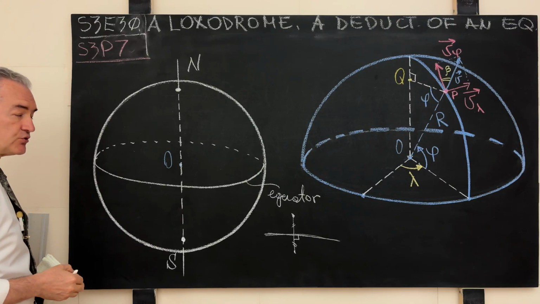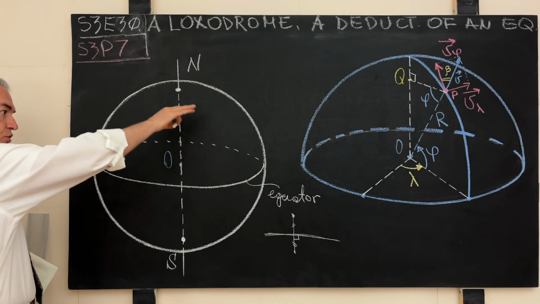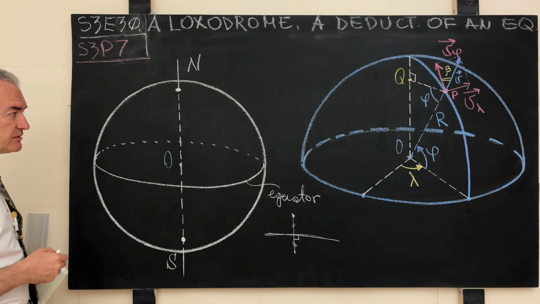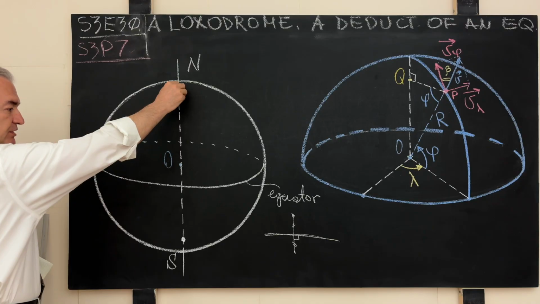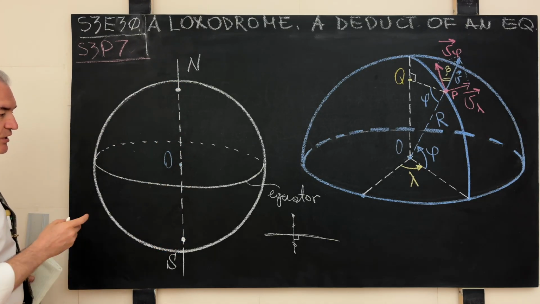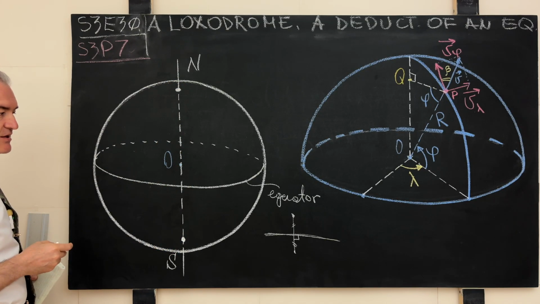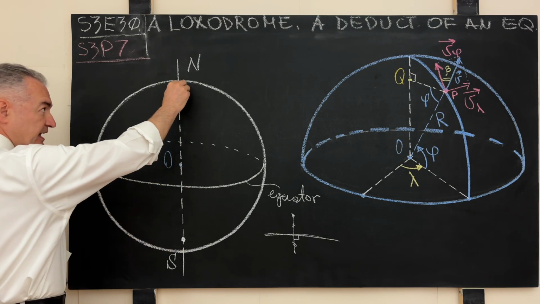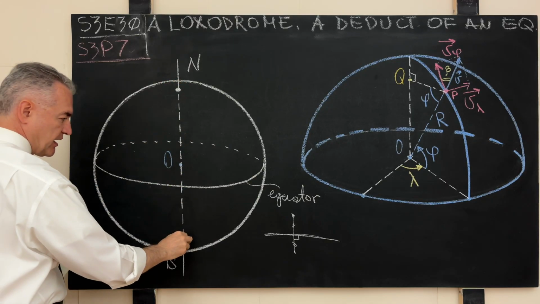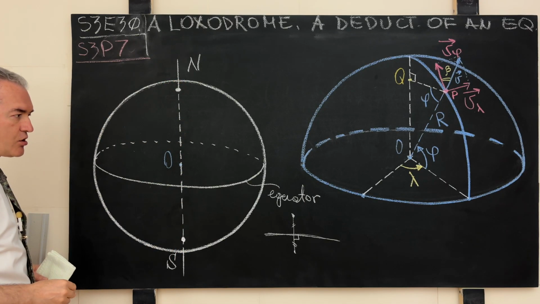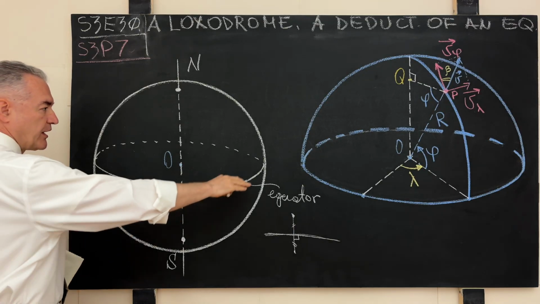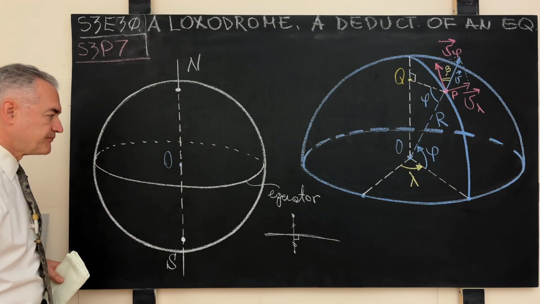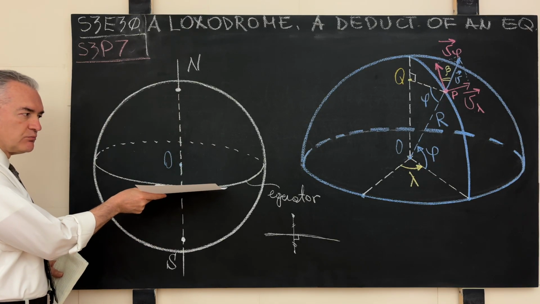Now the equator divides our sphere into two logical halves, the northern hemisphere and the southern hemisphere. And once we concentrate on the diameter NS of our sphere, we observe that there exist uncountably infinitely many planes that contain the line segment NS, and that are perpendicular to our equatorial plane.